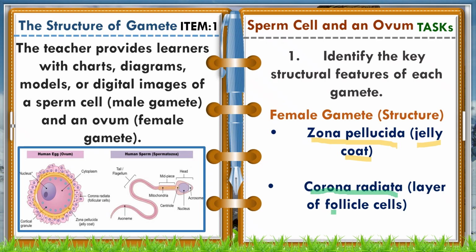This is a layer of follicular cells, the ones outside of the zona pellucida. Those are what we call corona radiata, a layer of follicular cells.